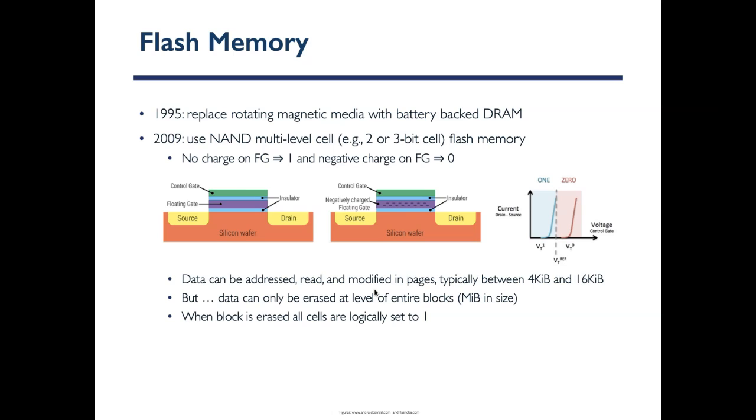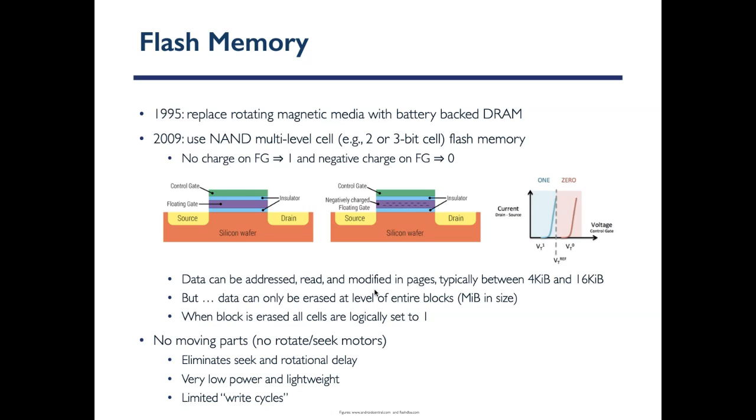The size of what we call a block, which is basically a bunch of pages, is much more than a single page. So you have a bunch of pages together constructing a block that has to be erased all together before each one of them can be written to. And that creates some difficulties, which we will talk about.